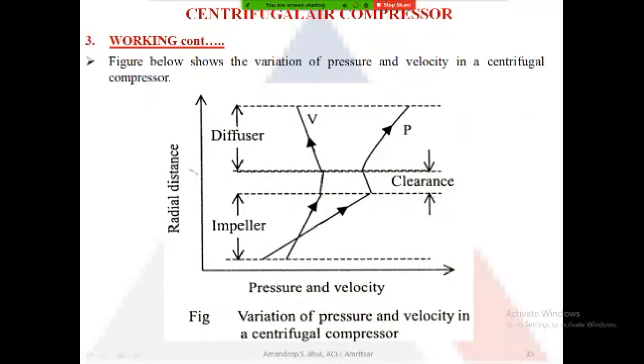How is this pressure increase taking place? Now, the air that is entering the compressor is at lower velocity, but as it moves towards the tip of the impeller, or the exit of the impeller, the absolute velocity is increasing.